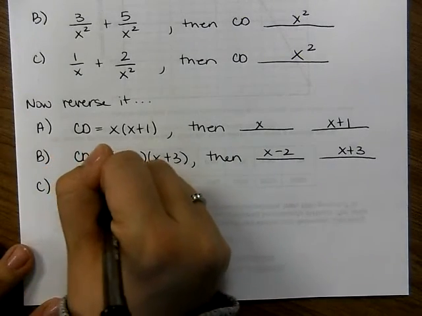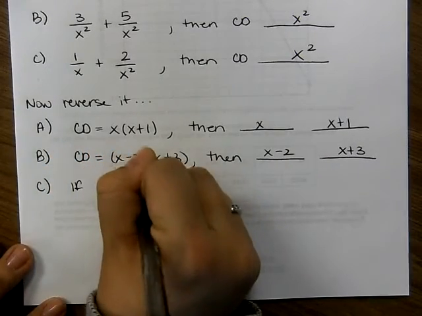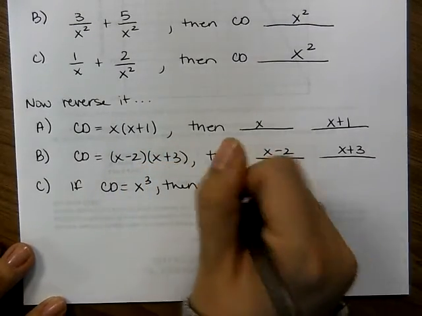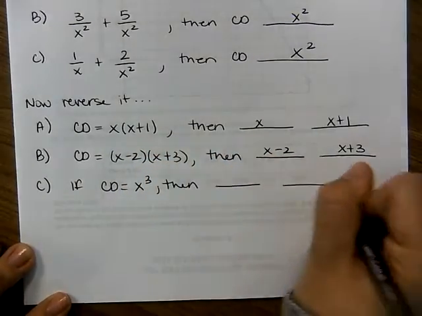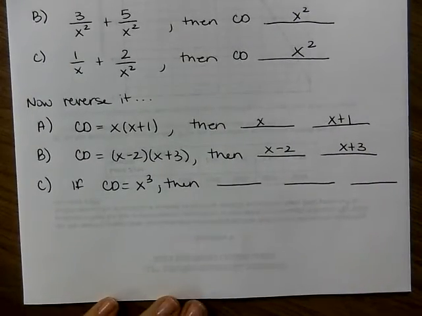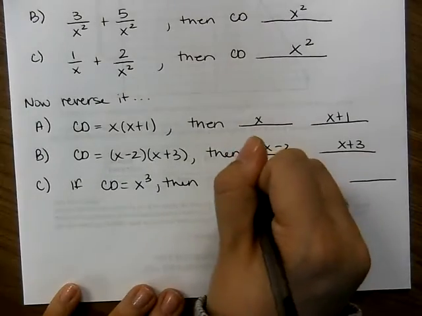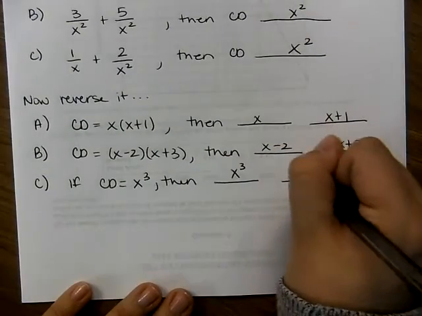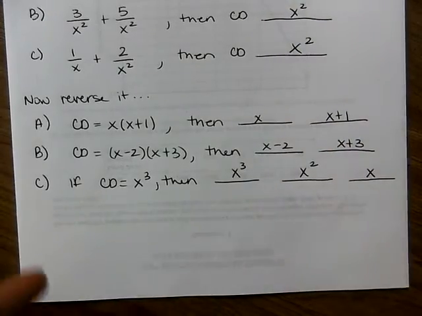Now, what if our common denominator was x cubed? And this time, we had 3 pieces. So x cubed would have to be one of them, x and x squared. So now there are other combinations that we could have had, right?